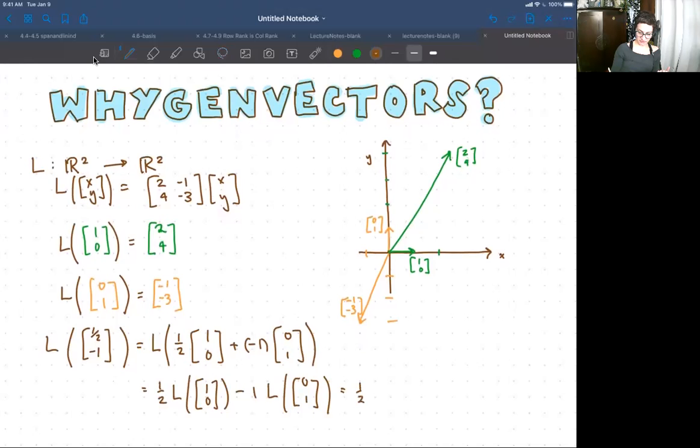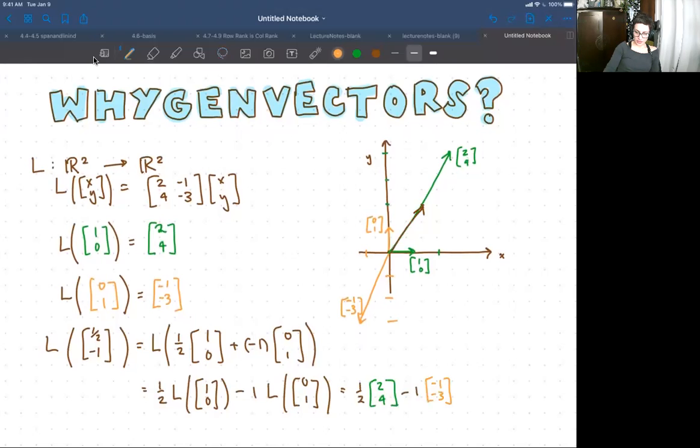So this is going to end up being 1/2 of that thing, (2, 4). So we get half of that guy, let's say about there. Half of that minus 1 times my long orange guy, which is (-1, -3), so that becomes plus (1, 3).